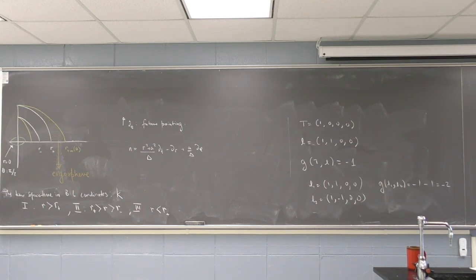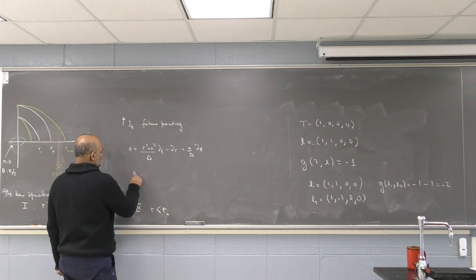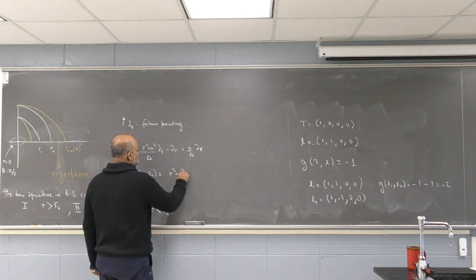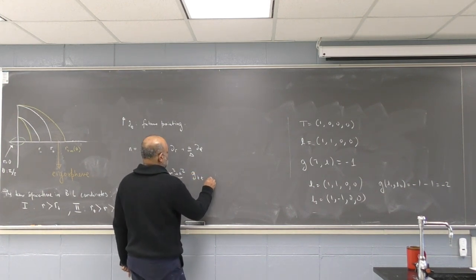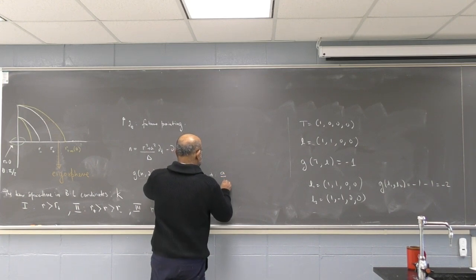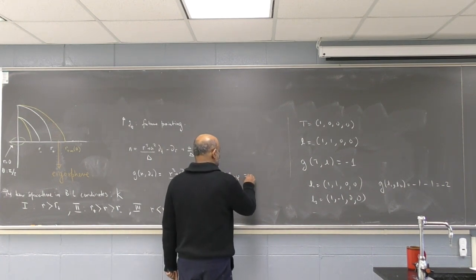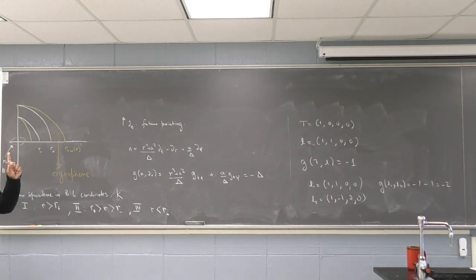I think we just did it. The dot of these two, g of n with ∂t, is (r² + a²)/Δ g_tt plus a/Δ g_tφ, and this is what? Minus Δ, from canonical relations again. So it's less than 0.